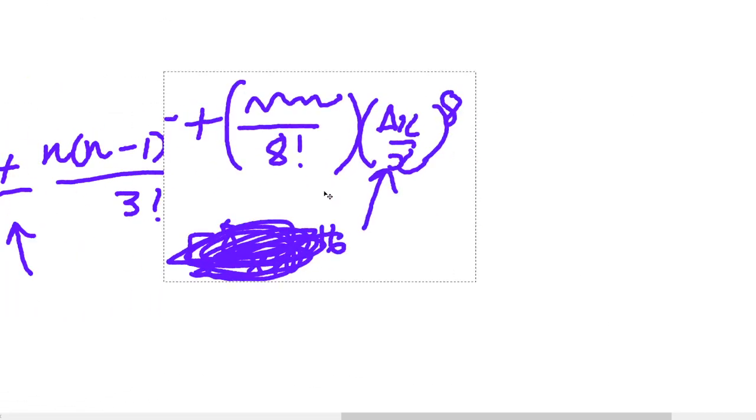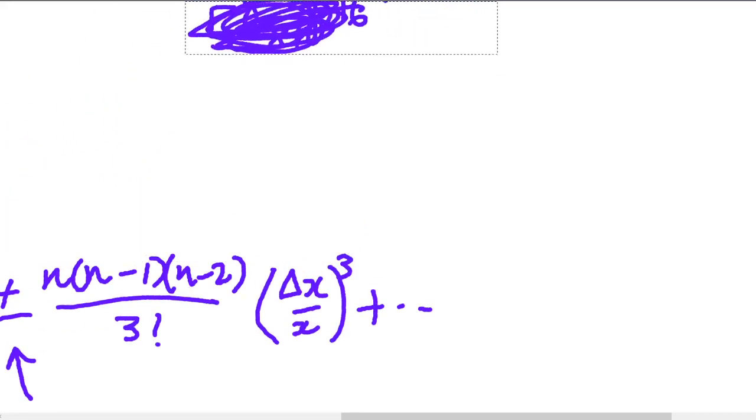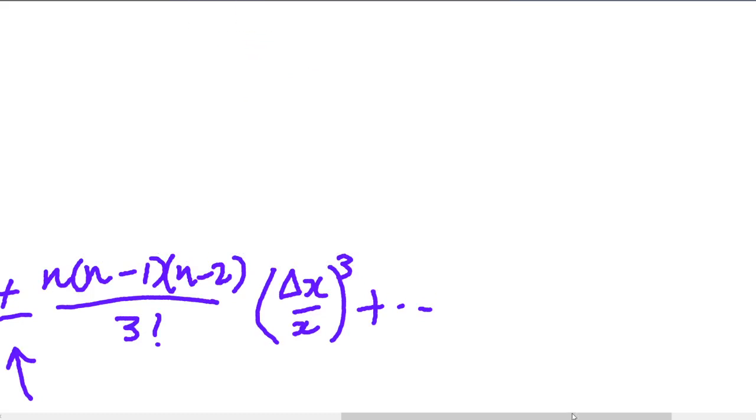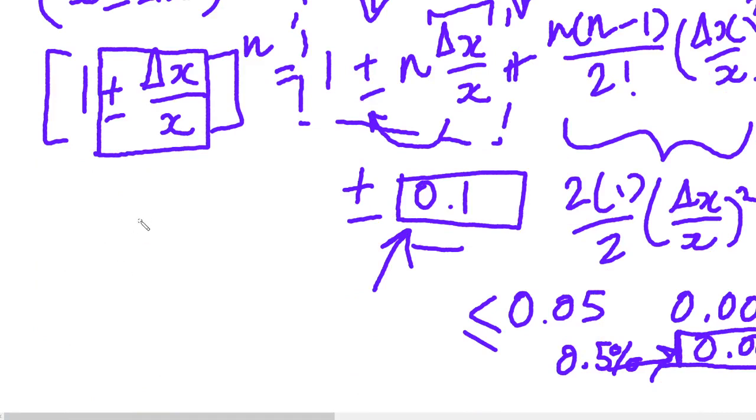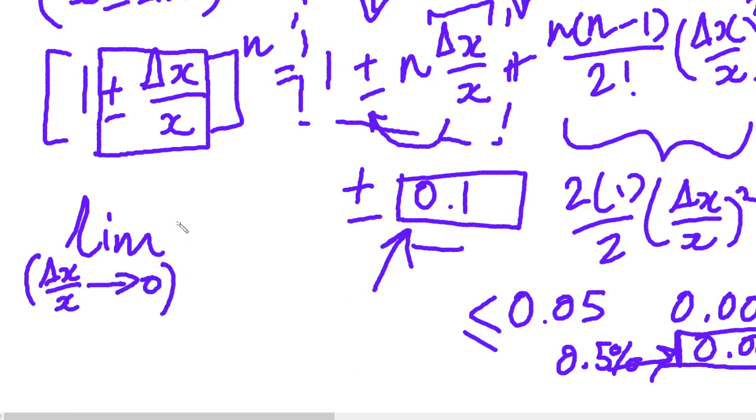So, to put this in a more formal mathematical sense, we can actually describe it as taking a limit of delta x over x to 0 of this thing here.